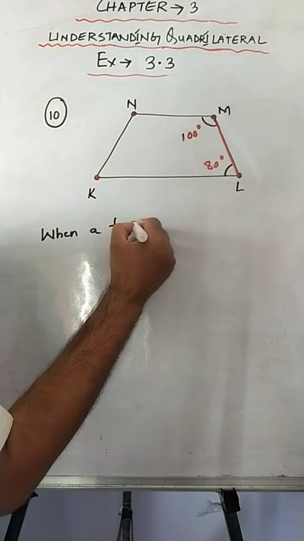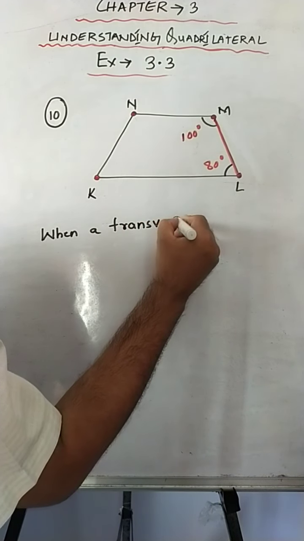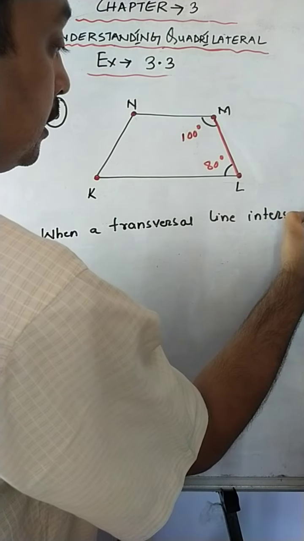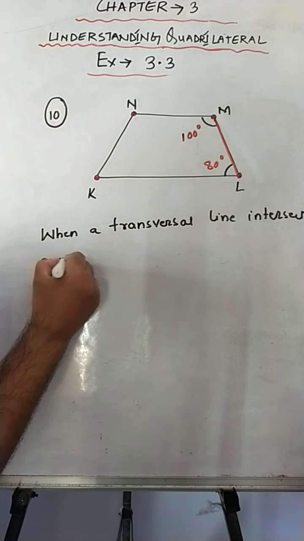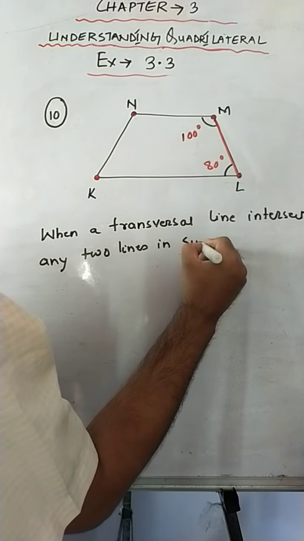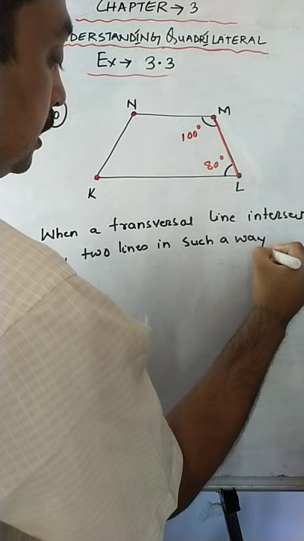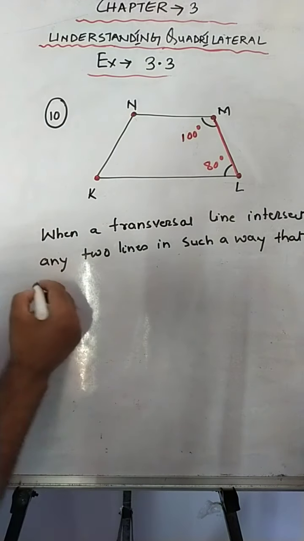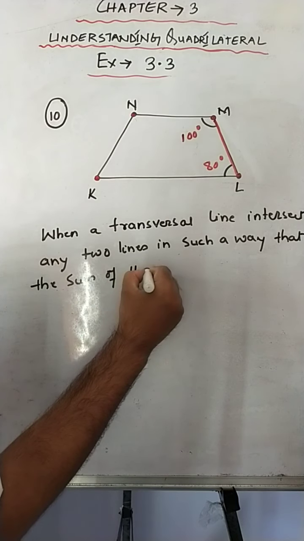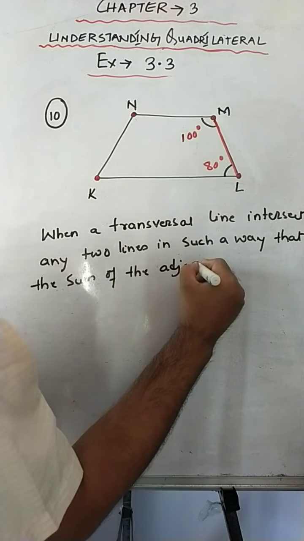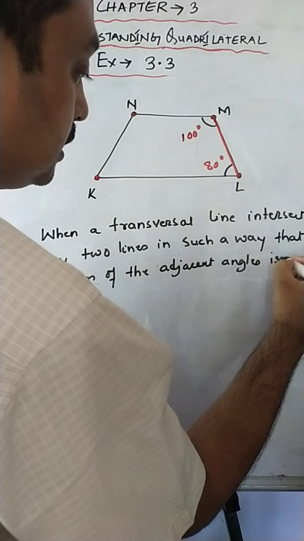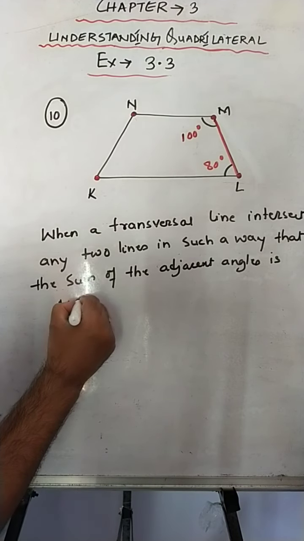a transversal line intersects any two lines in such a way that the sum of the adjacent angles is 180 degree.